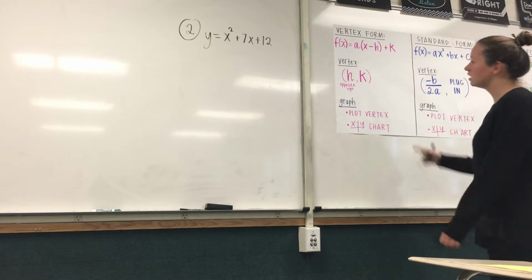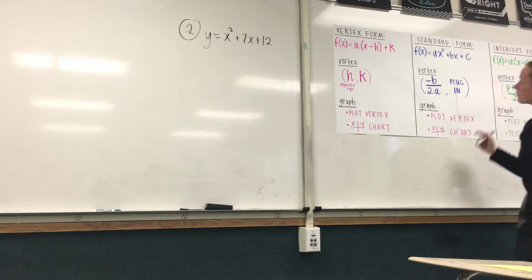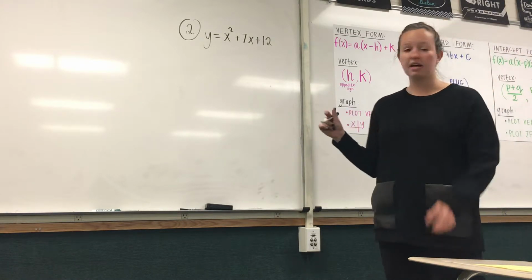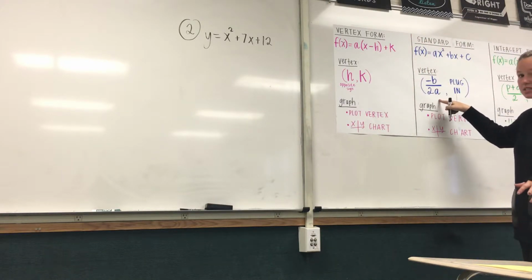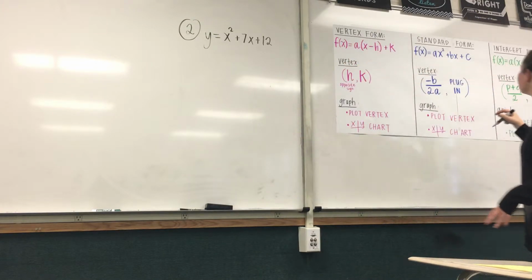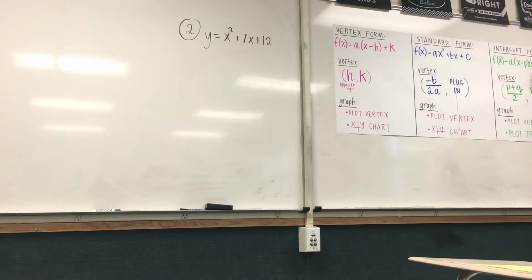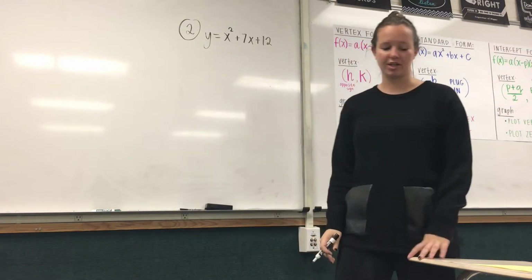Okay, if you come over here, you'll notice that this is in standard form now. It has an x squared, an x, and then a number by itself, a constant. So if you want to find out the vertex, you can definitely use -b over 2a. Yes. But before we do that, we want to get this into intercept form. Remember, if you get your equation into intercept form, you don't have to use an XY chart.